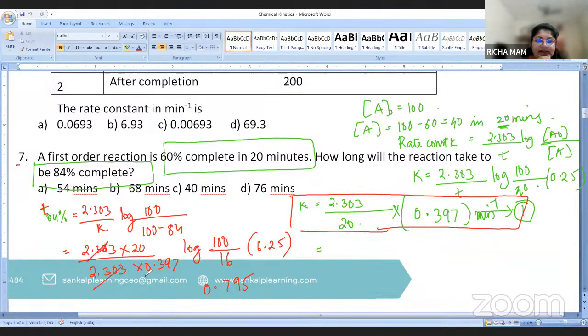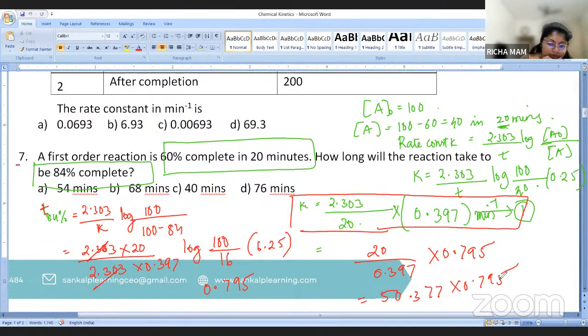Now this and this will get cancelled. So 20 by 0.397, we'll keep it like that only. So what I am going to get is 20 divided by 0.397 into 0.795. 20 divided by 0.397 is about 50. So 50.377 into 0.795.